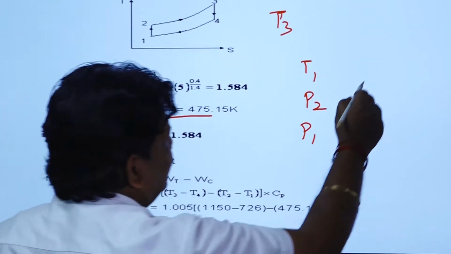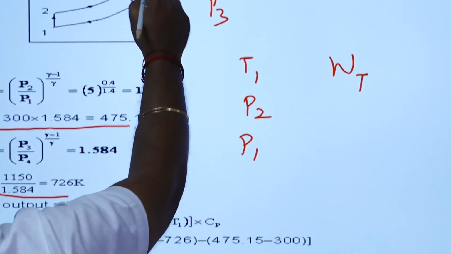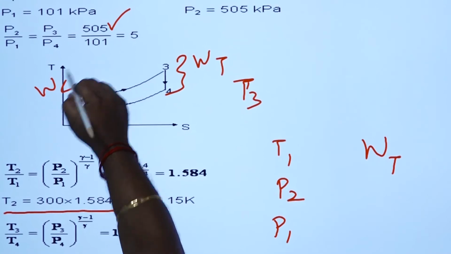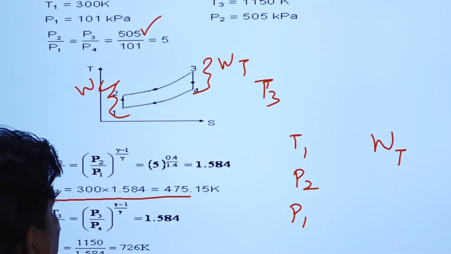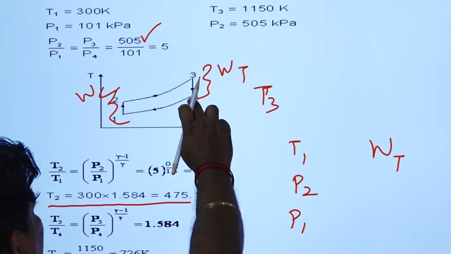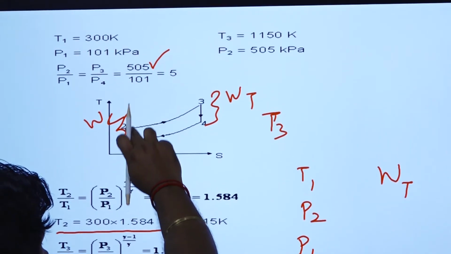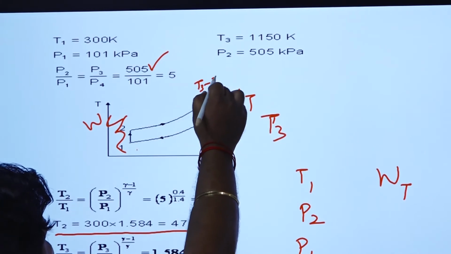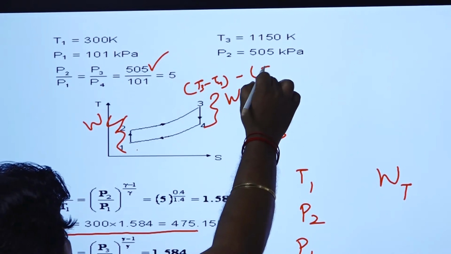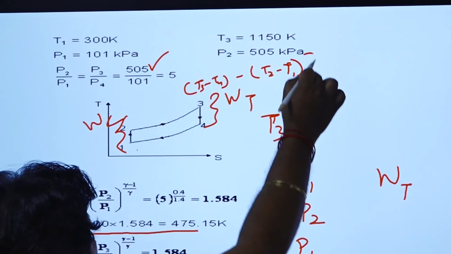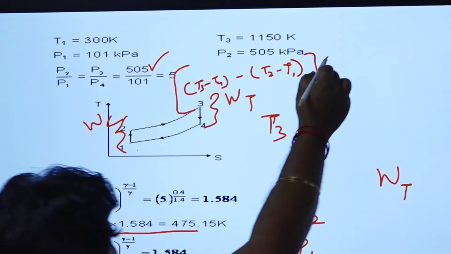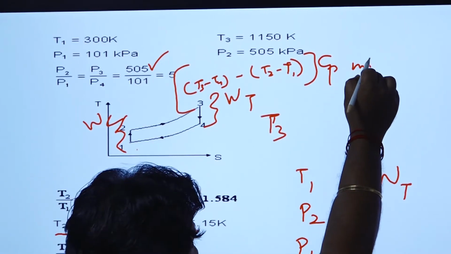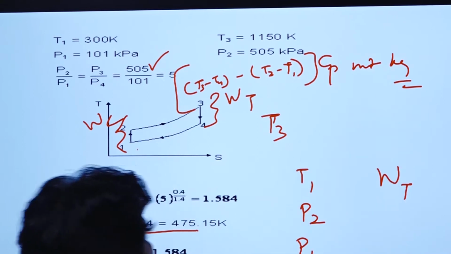That is the net work output, which is WT, the work done by the turbine, minus WC, the work done by the compressor. If you subtract these two, this is T3 minus T4 and this one is T2 minus T1. So that is T3 minus T4 minus T2 minus T1, and if the specific heat is given to you, into Cp, you can find for unit mass, that is unit kg, so M is 1.